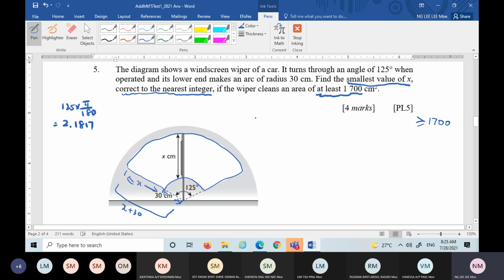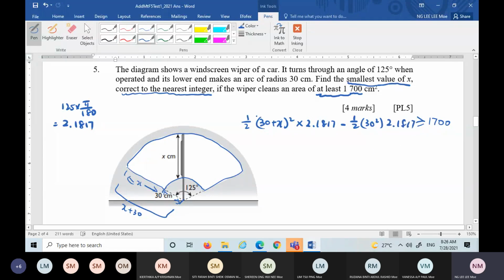So the big sector is half r squared theta. The r now is 30 plus x, r squared. Theta is 2.1817. Minus the small one, same thing, half r squared theta. Now the r is 30, theta again is 2.1817.